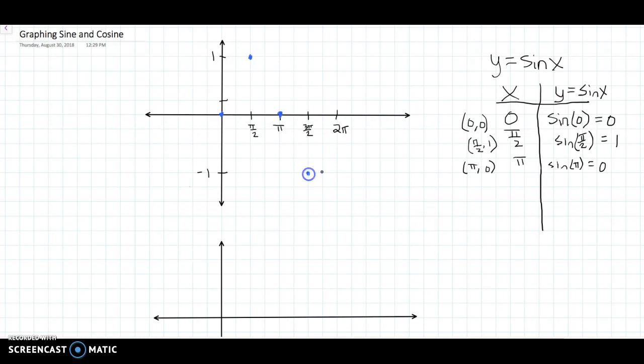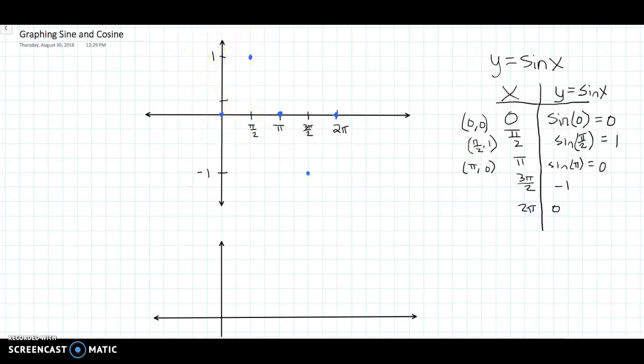That's that 270 degree mark. And sine of 2 pi is 0. So as you can see, I've skipped ahead and let you in on these values, and you can verify them for yourself. But there we are. These are your 5 main points.